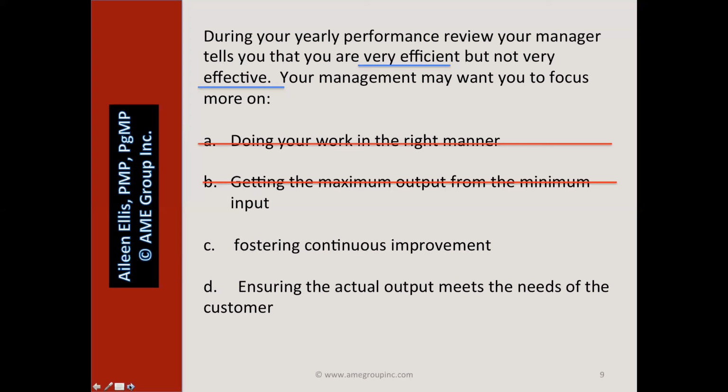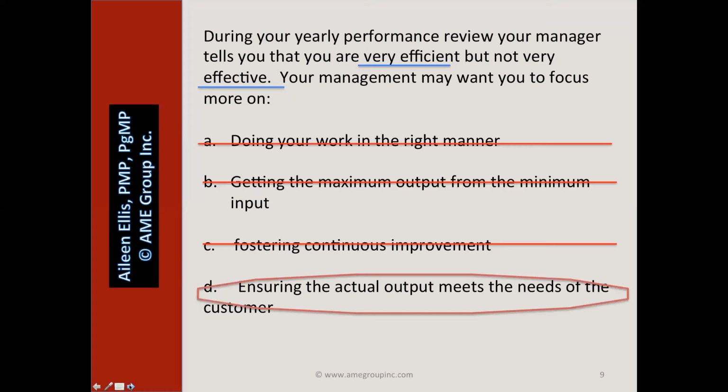D, ensuring the actual output meets the needs of the customer. D, I would associate with effectiveness. And D, I really like the word output. When I think of effectiveness, it's getting the right things done. D, ensuring the actual output meets the needs of the customer. That's getting the right things done.